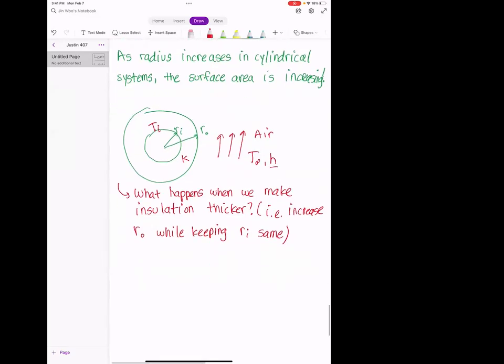What we expect, and probably what we want to happen, is we want the overall thermal resistance to increase. Because we're adding insulation, more insulation means more thermal resistance.